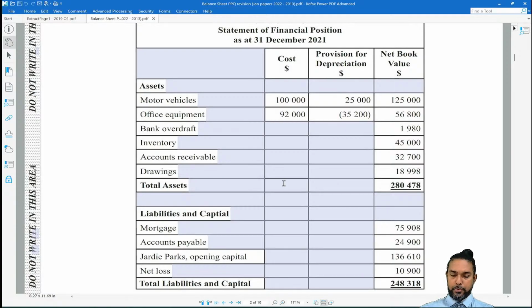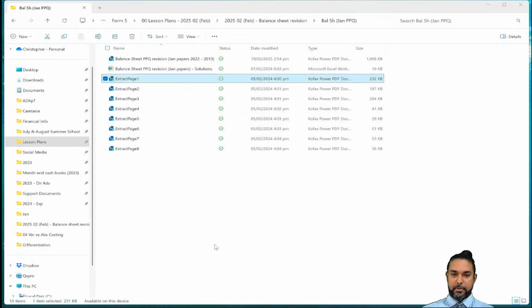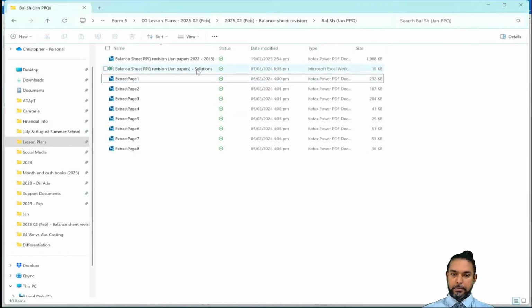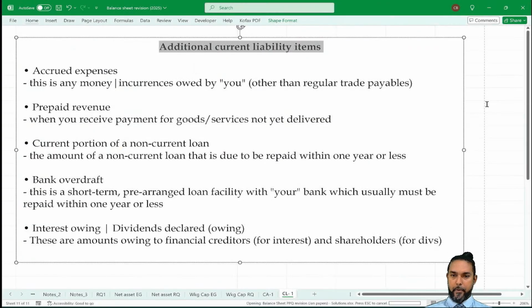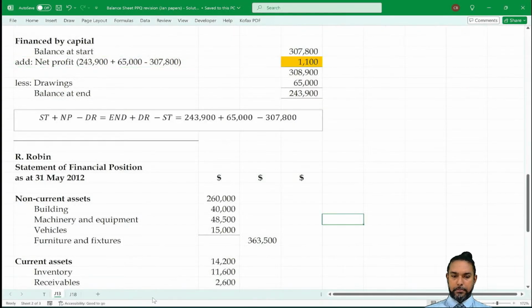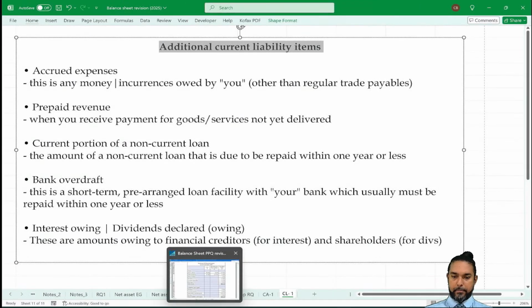All right, so what I'm going to do, guys, is I'm going to pull up the solution. Obviously not this one. Wrong item.